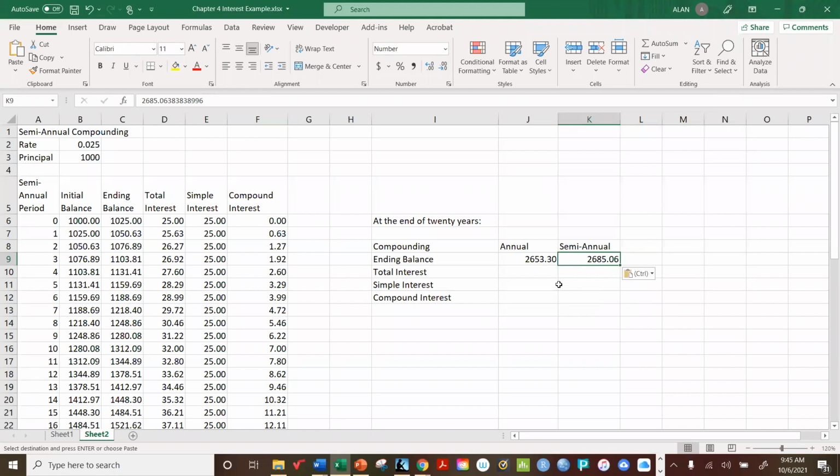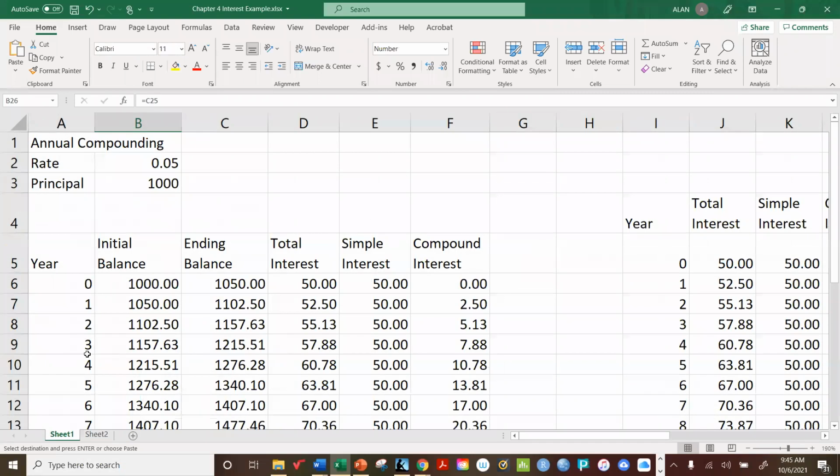Okay, now it's working correctly. Okay, now the total interest we can get by adding up this column.